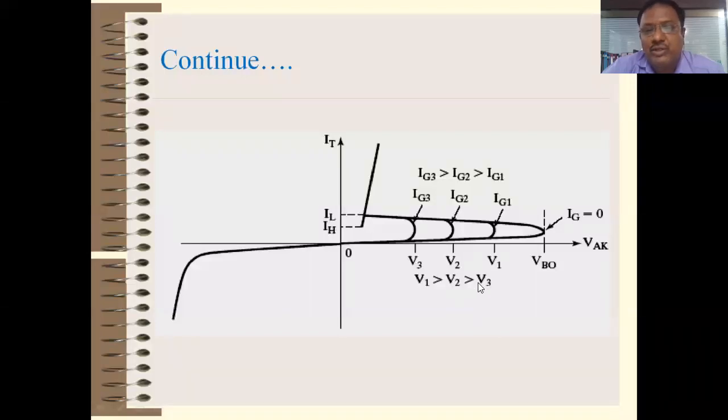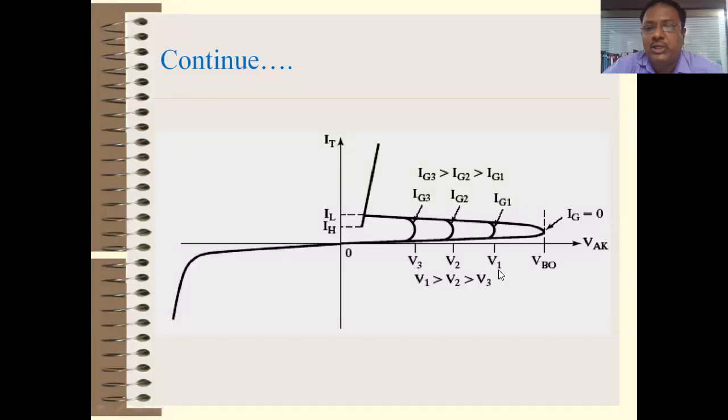As you increase the gate current, Ig3 is greater than Ig2, Ig2 is greater than Ig1, and so on. So the required voltage to turn on the SCR is V3 for Ig3, V2 for Ig2, and V1 for Ig1.